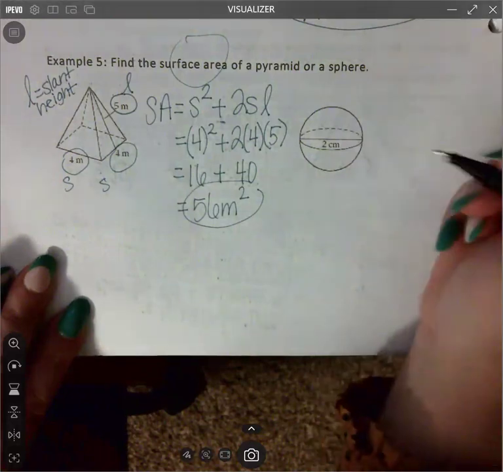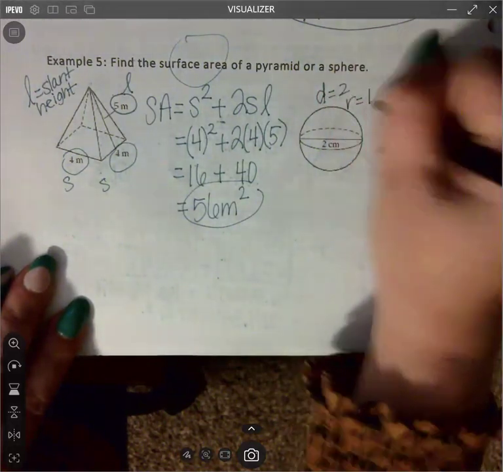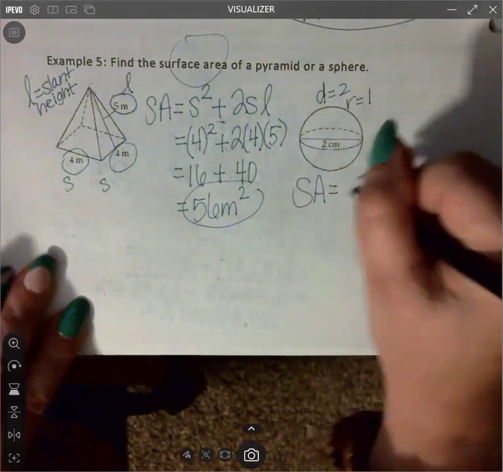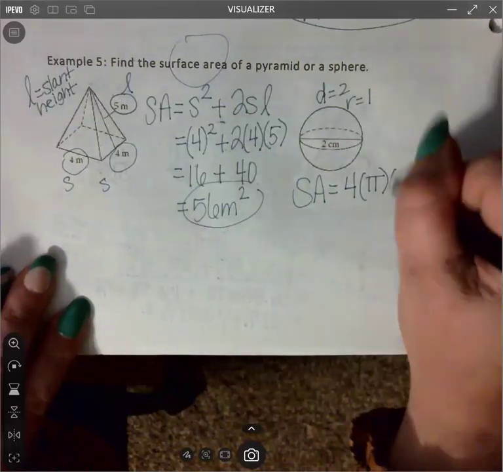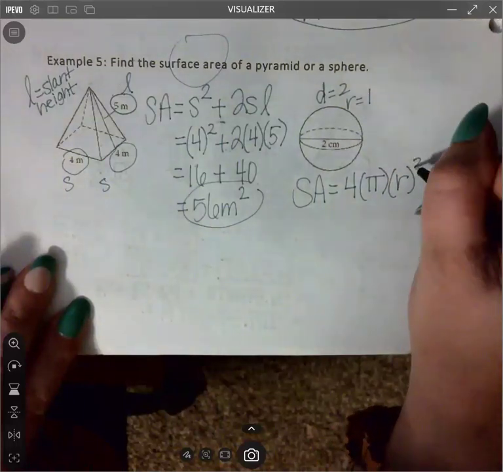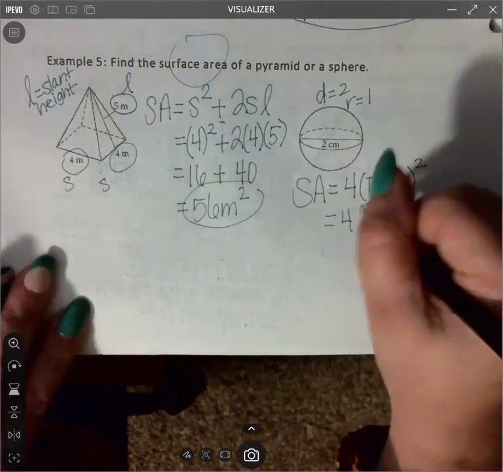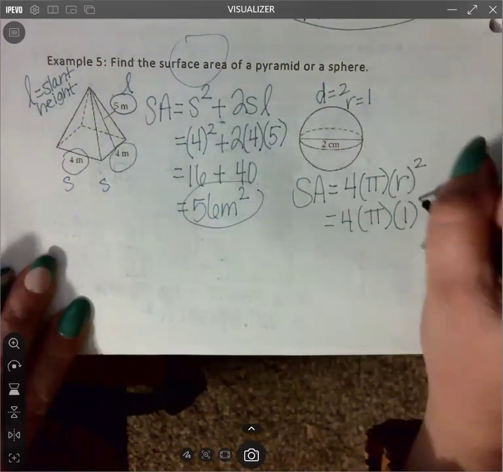In our sphere, our diameter is 2, which makes our radius 1. And our surface area formula is 4 times pi times r squared. Again, we want to use that pi button on our calculator. Our radius is 1.